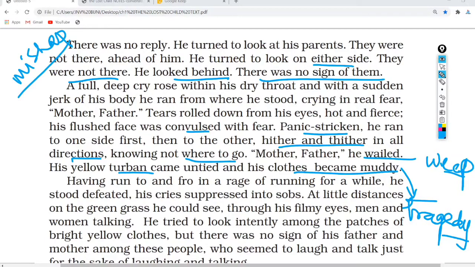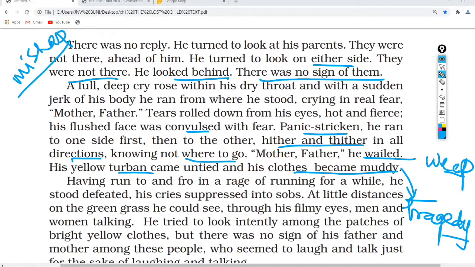His clothes become very muddy or dirty, and his turban that is worn on the head, particularly by those people in Punjab and Haryana, this also got untied. So this is the tragedy of the child star.